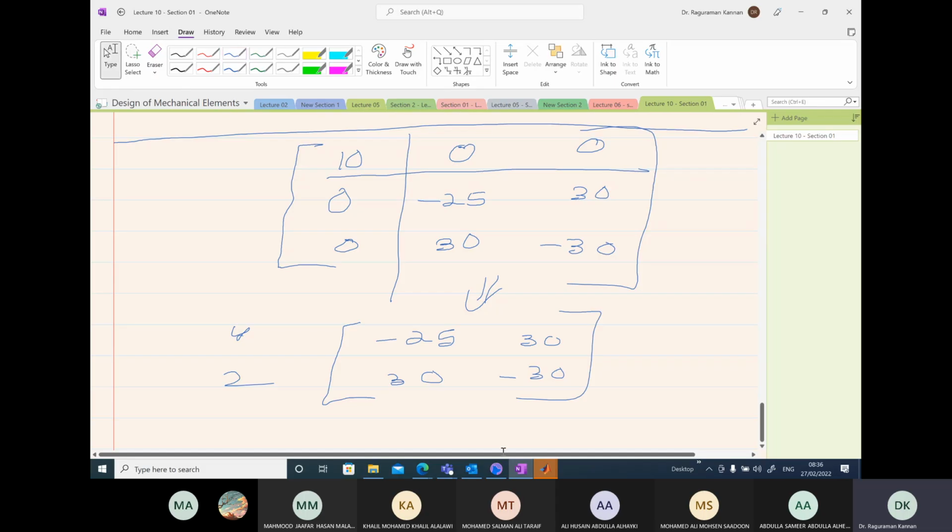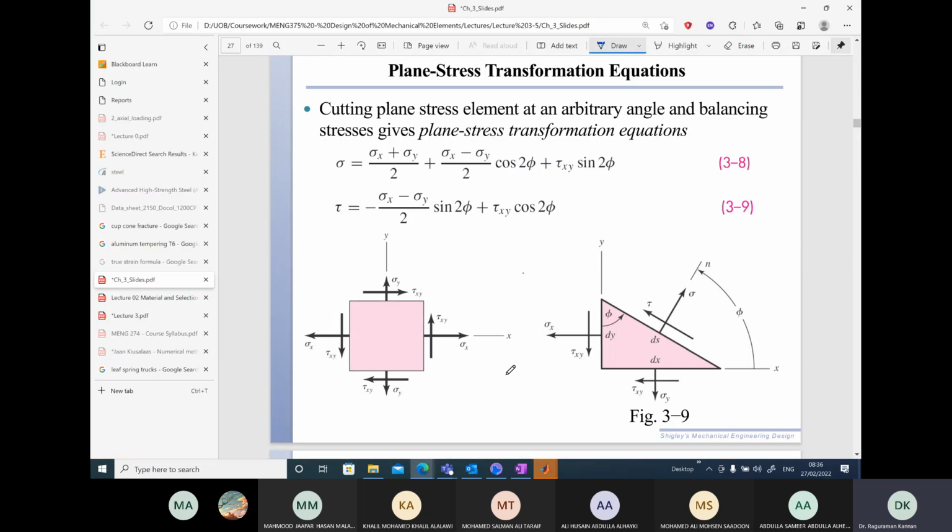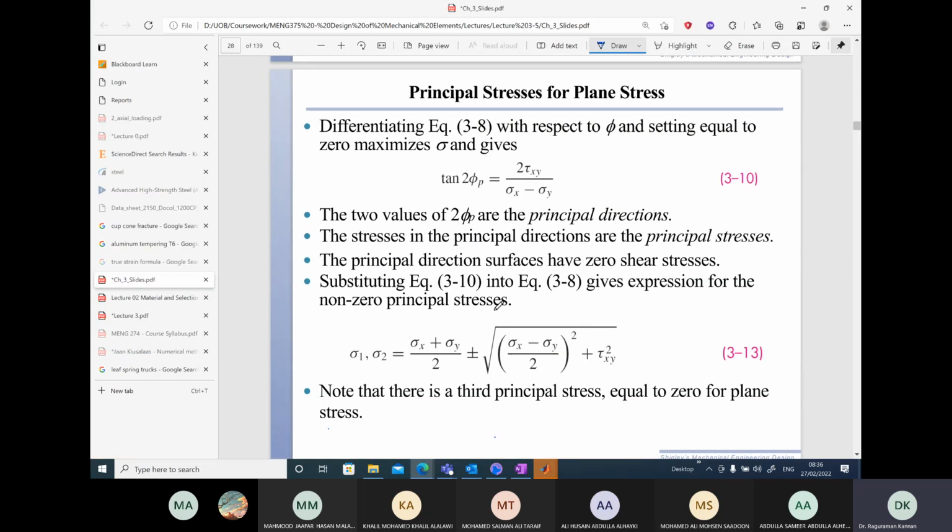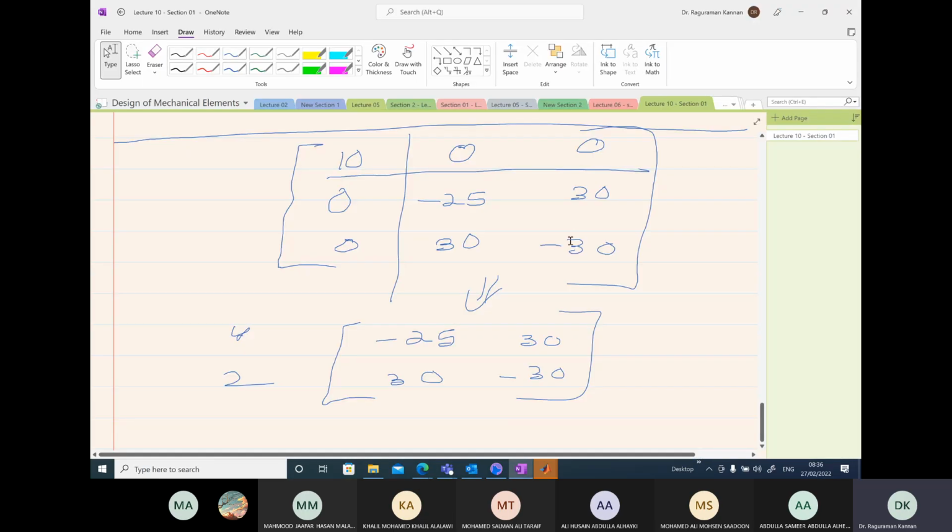Now you can solve this problem using the formulas which we have seen for the 2D problem. Apply these formulas, and with respect to the y and z axes, we can get the principal stresses and the directions also. Only thing is, instead of x and y values, you will have y and z values. So substitute here.